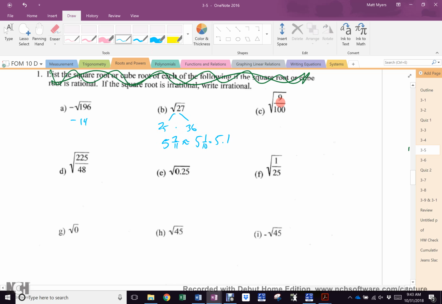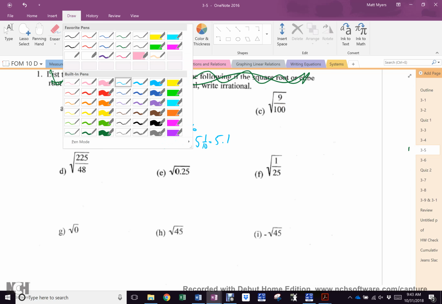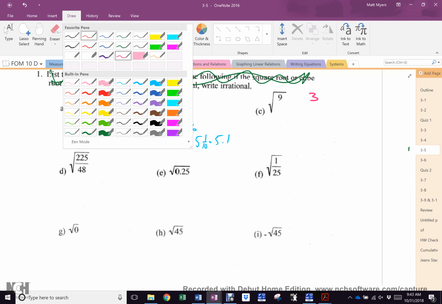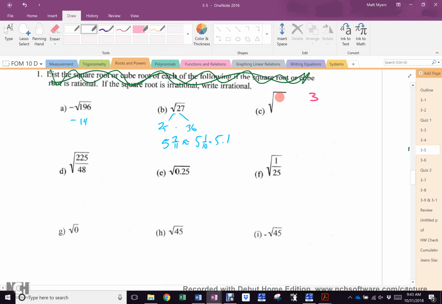Now, this question, again, you are supposed to apply your previous knowledge. If there was no 100 there, what would this answer be? It would be 3. If there was no 9 there, what would this answer be? 10.